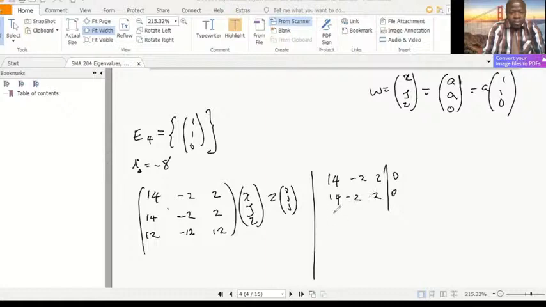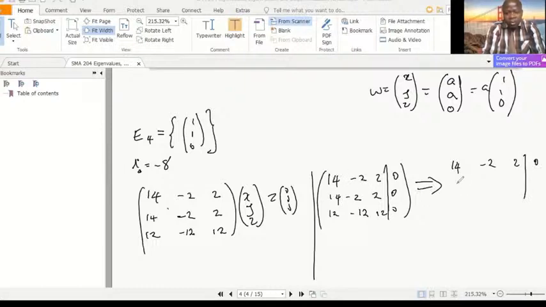You notice that the first equation and the second one are similar, but let's just proceed. Reduce to echelon form. This will be 14, negative 2, 2, 0. Subtract first row from the second row to get 0, 0, 0.